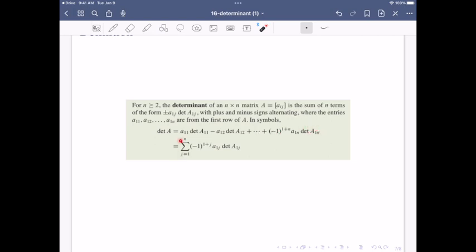You can also write this definition using sigma summation notation.